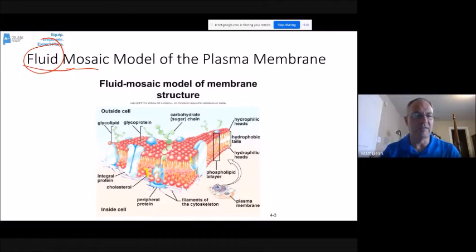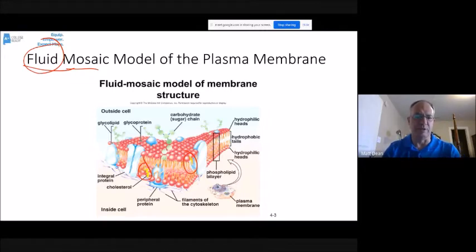Those proteins give the cell membrane lots of functions. We'll talk about some of those in a minute. And the green structures are sugars, carbohydrates. And then the bright yellow thing you see there is cholesterol. Cholesterol helps to make the cell membrane a little more solid, helps to keep it from freezing. And there's cholesterol molecules embedded throughout the cell membrane.